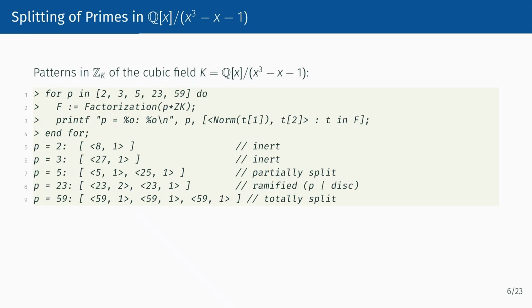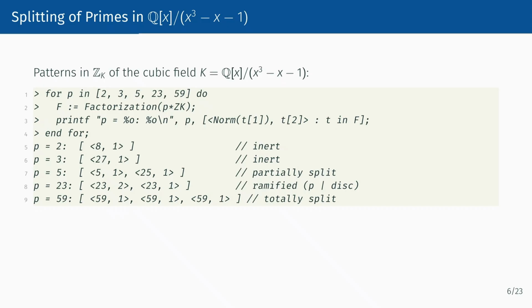For 5, you already see that there's more than one prime. And this is a situation where we say that the prime is split. In this case, it's only partially split. It could split up to 3 factors in general in this cubic extension, and here it's only split into 2. And you can see in the case of p equals 23, which is a prime dividing the discriminant, remember, I told you in this case we say that the prime ramifies.